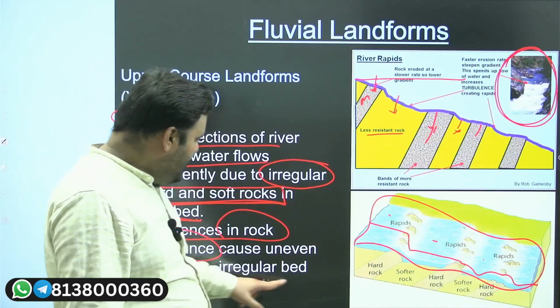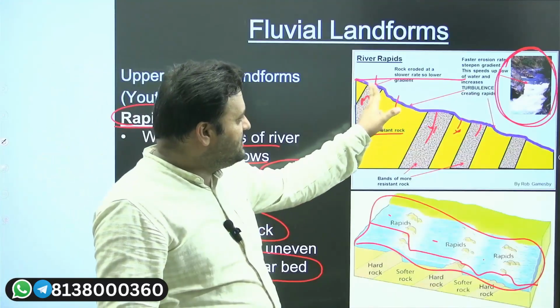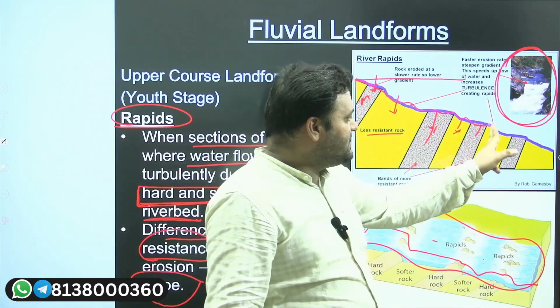So there will be an irregular bed slope. The riverbed here is highly irregular; somewhere it is up, somewhere it is down.